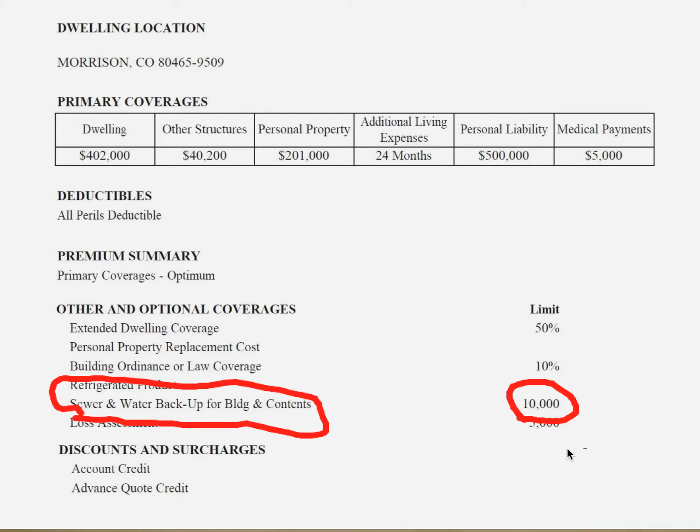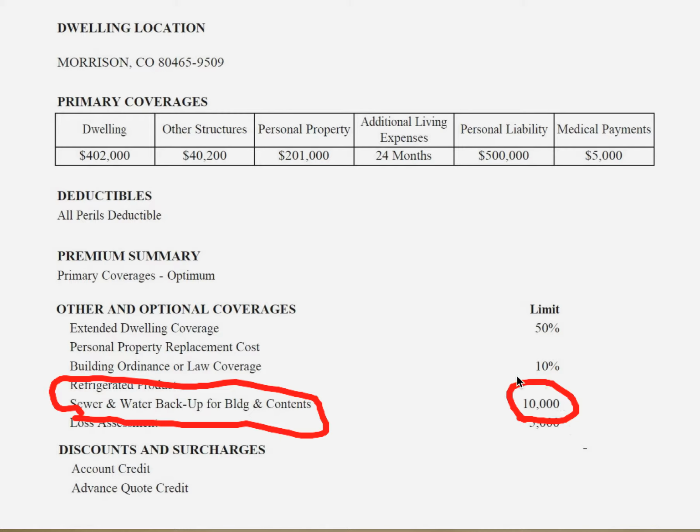If you have a finished basement, this coverage could be upwards of $10, $15, $20, $25,000 depending on how big your basement is and the quality of the finishes. If you don't have a finished basement and there's not a lot of personal property down there, you'll probably be okay with $5,000 or $10,000 worth of coverage here. But this can absolutely be a messy peril to clean up and expensive.